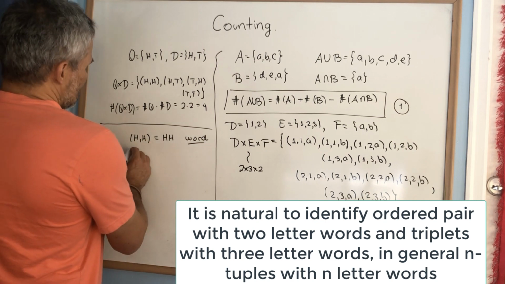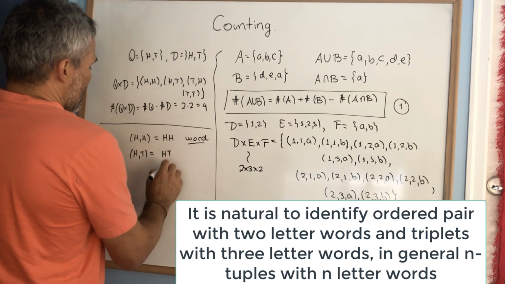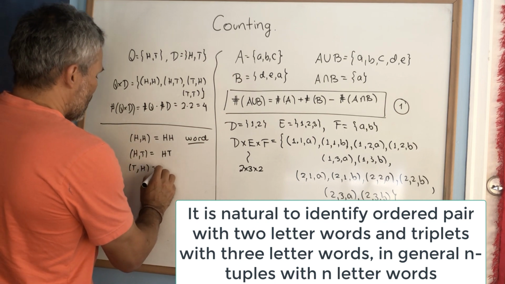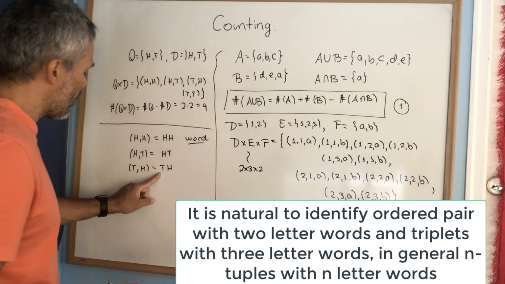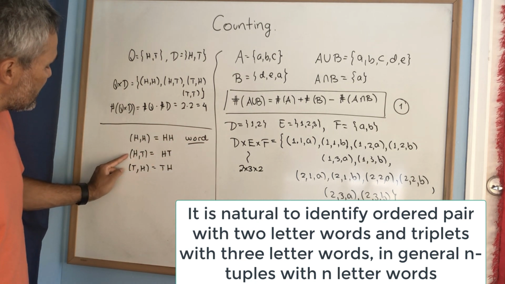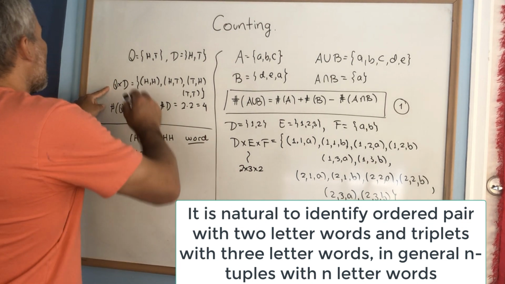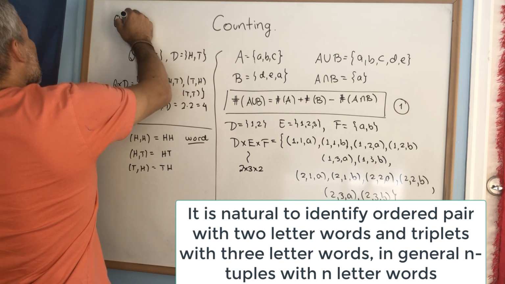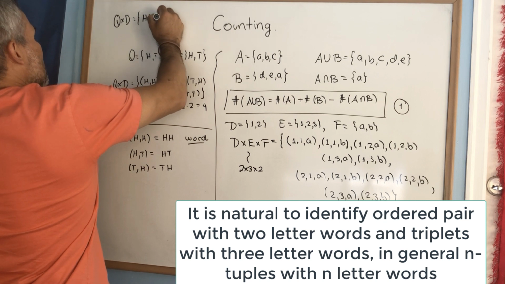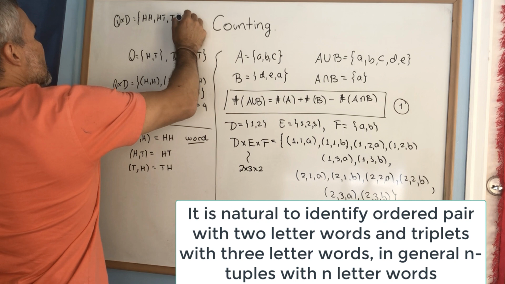Notice that it makes sense, because if we have head, tail, we think about this word, but tail, head, we think about this other word, and we are used to words, and these two words are different in the same sense that these two pairs are different. Then sometimes we're going to denote these just as HH, HT, TH, and TT.